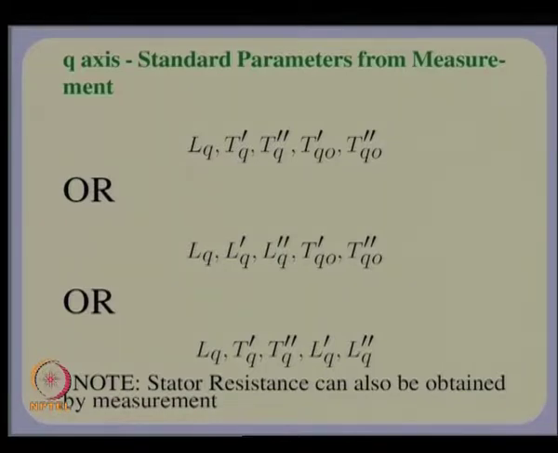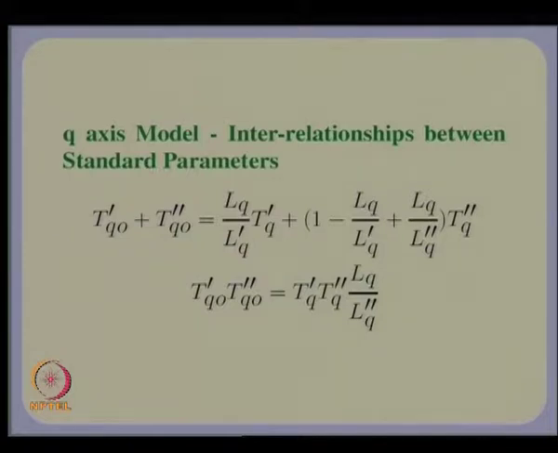Now, all these sets of data are equivalent in some way, because there is a relationship between LQ double dash, LQ dash and the time constants. So, if you look at this relationship again, it is this. This can be easily checked by equating.